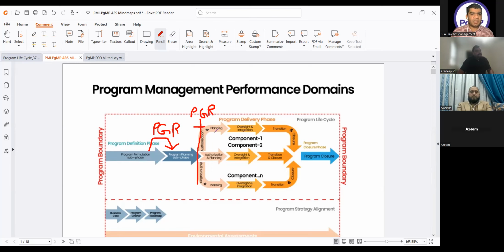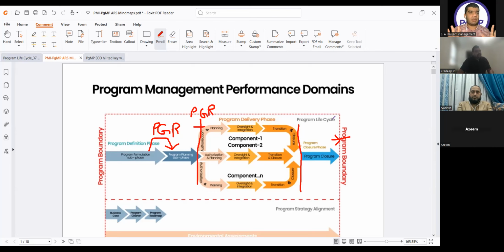Even between the components, whenever you start the component transition and closure, again phase gate review, approval from the steering committee. Once you start the closure activities of your program, approval from the steering committee. And when you are actually closing the program and transitioning, again approval from the steering committee. So whenever there is a transition of the phase, the go, no go decision has to be made by the steering committee.